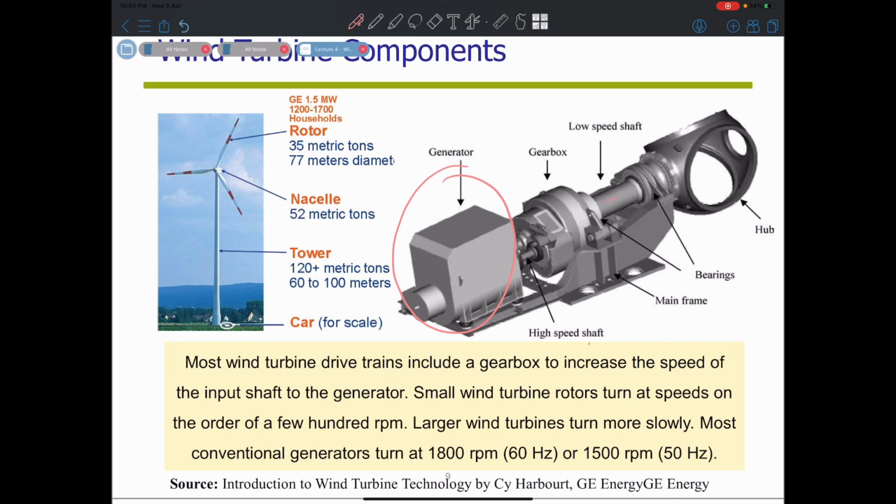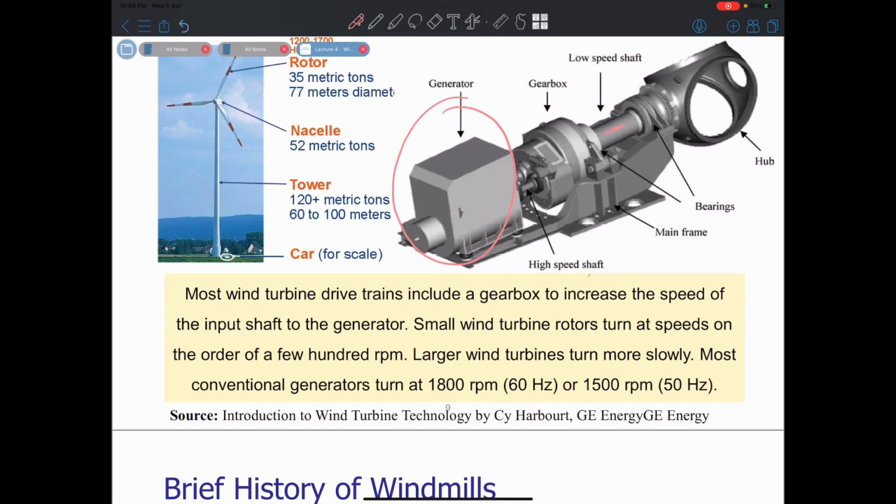And the low speed one is connected to the hub and gearbox. Most wind turbine drive trains include a gearbox to increase the speed of the input shaft to the generator, and small wind turbine rotors turn at a speed of the order of a few hundred revolutions per minute. Larger wind turbines turn more slowly.